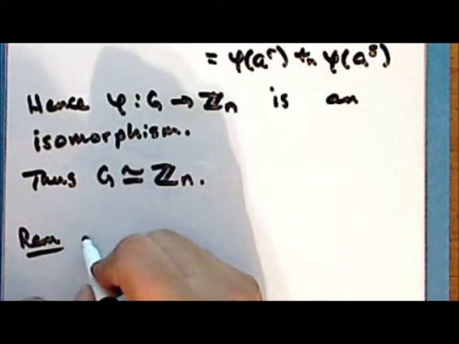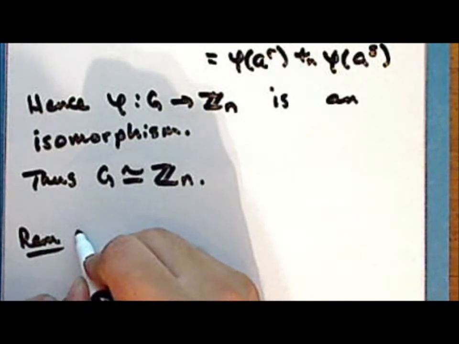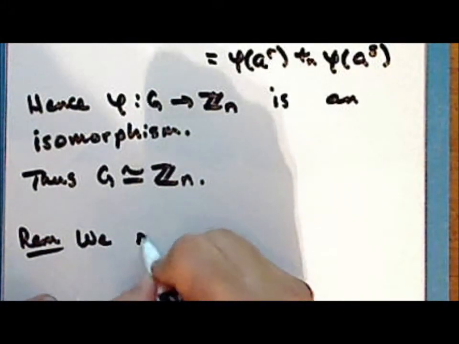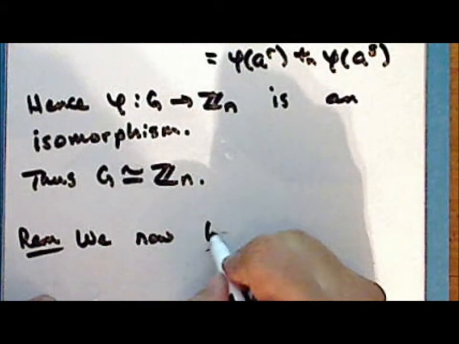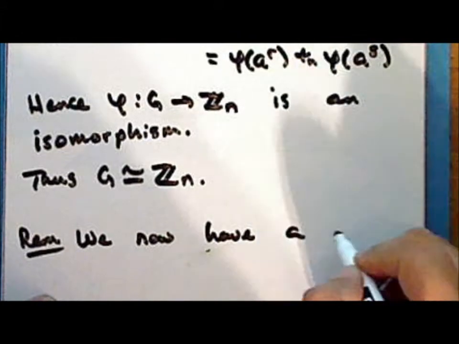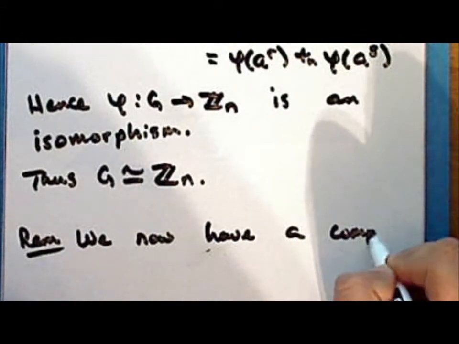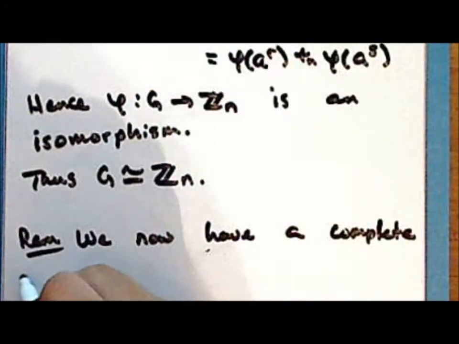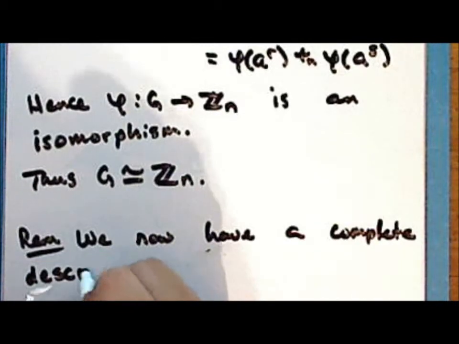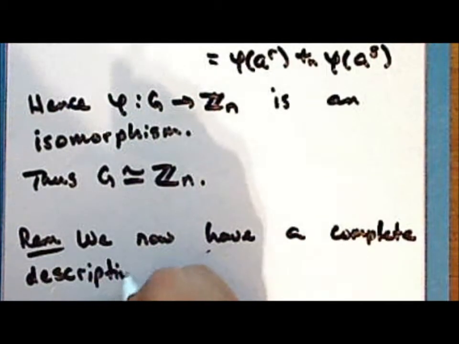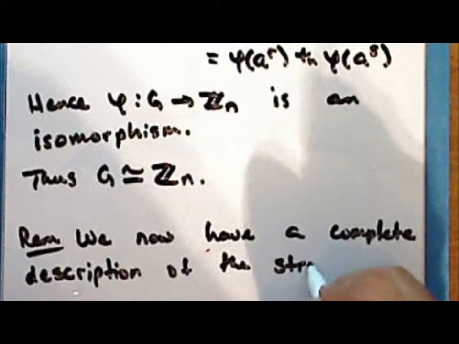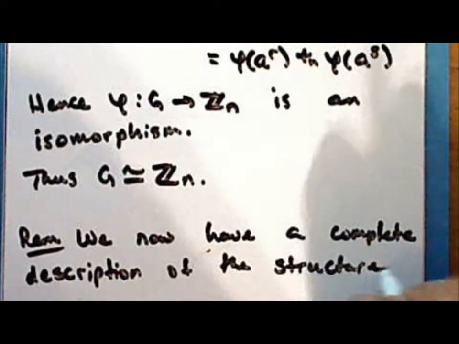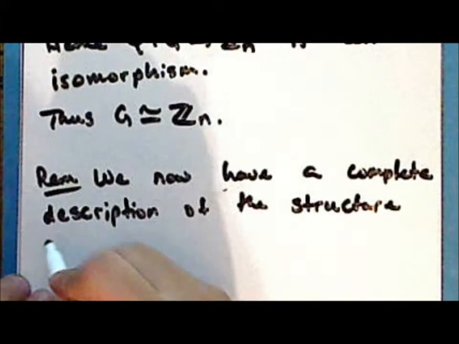So notice that this theorem gives us a complete description of the structure of cyclic groups.